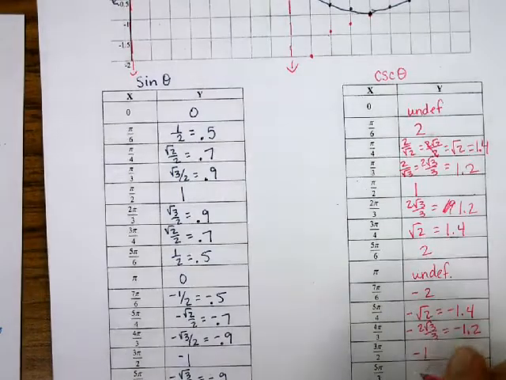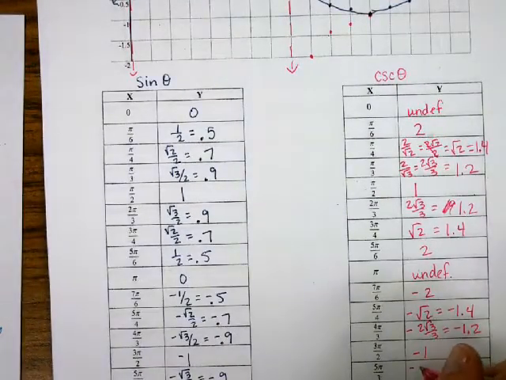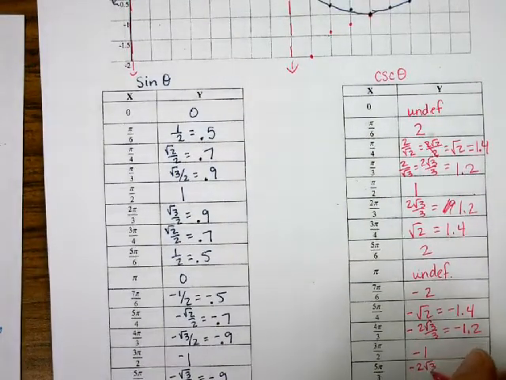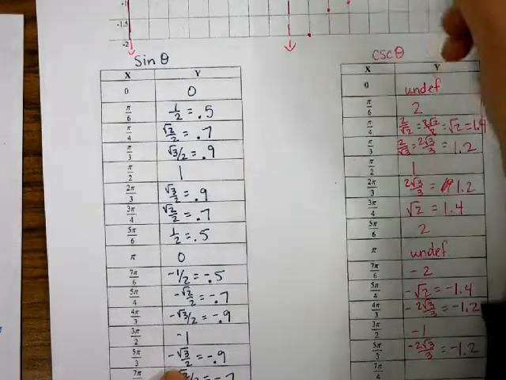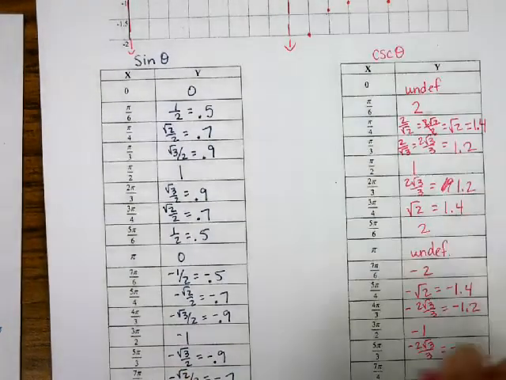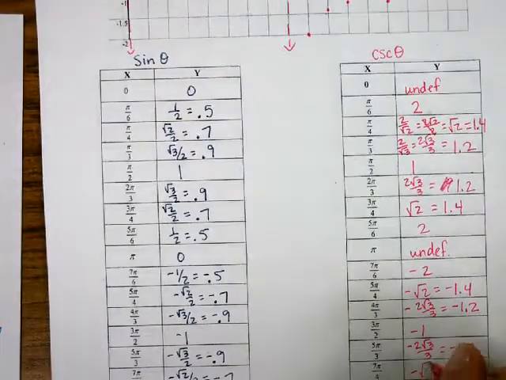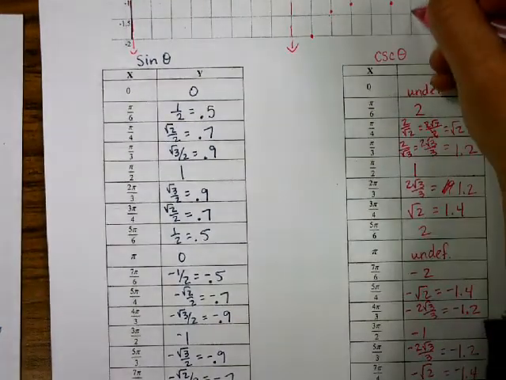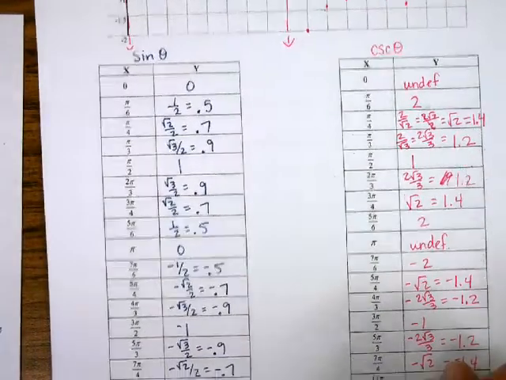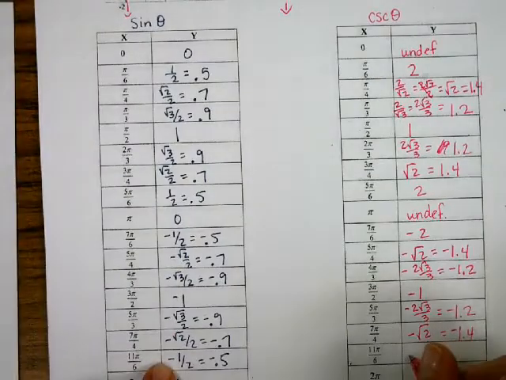5 pi over 3, I get, again, negative 2 root 3 over 3, negative 1.2. 7 pi over 4, negative root 2, or negative 1.4. 11 pi over 6, negative 2.